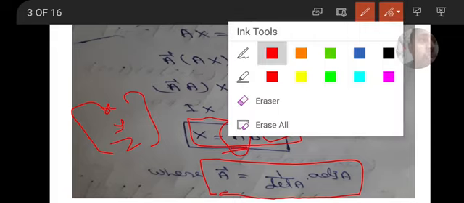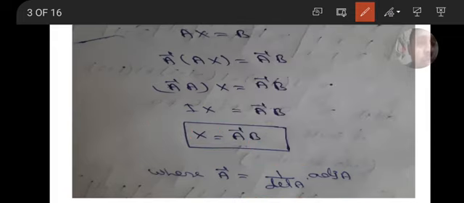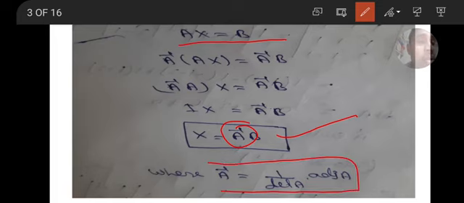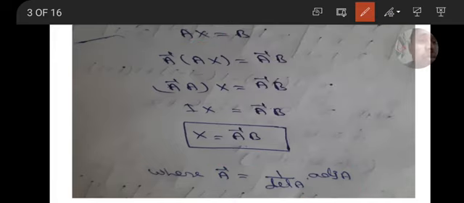So in the problems, we first write down the coefficient matrix, variable matrix, and constant matrix, then AX equal to B implies X equal to A inverse B. Find A inverse first, which is 1 by det A into adjoint A. After finding A inverse, we multiply with B, then we get the solution of the given equations.